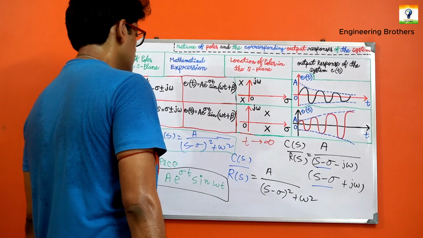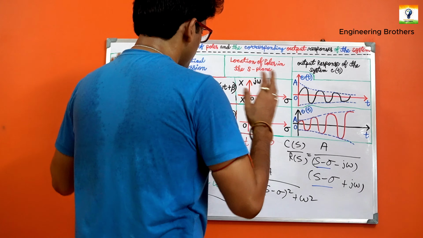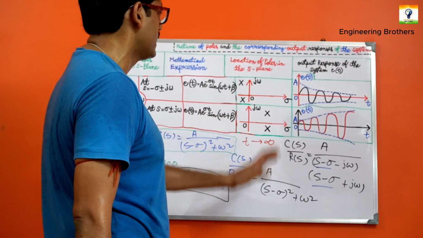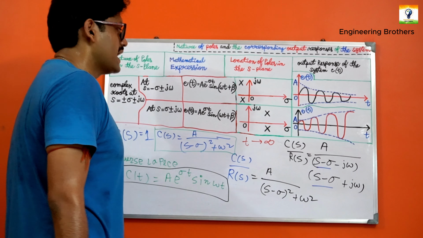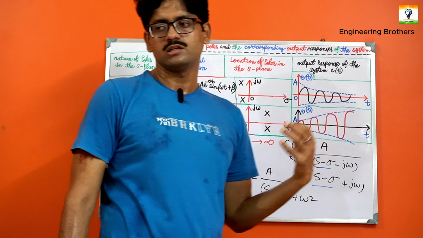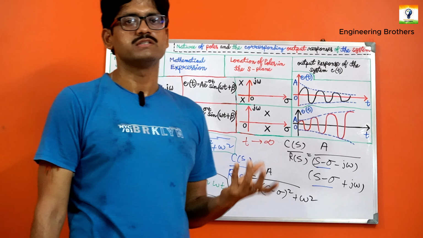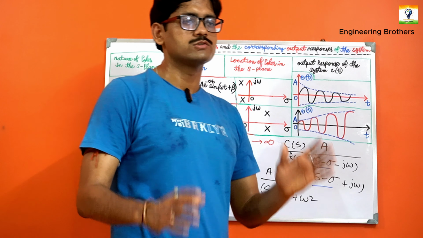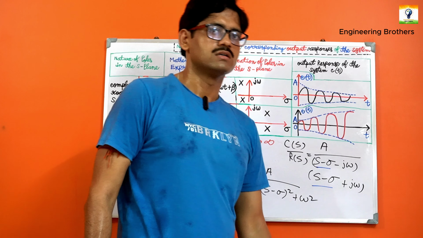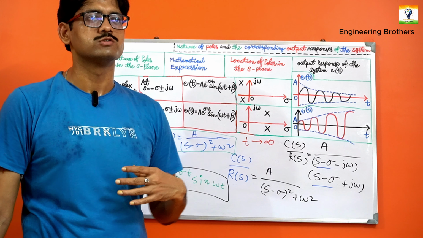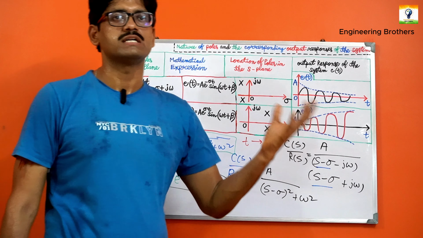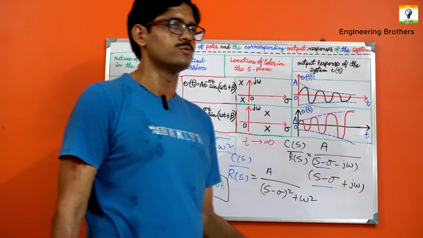Okay, and we can explain another part for our consideration. As you can see that the poles are placed at the right hand side of our S-plane, then we can say that quite naturally or automatically the system is unstable over here. Why? Because according to our location of our poles, we can say what is the exact status of our system, whether that system is stable or unstable over here.